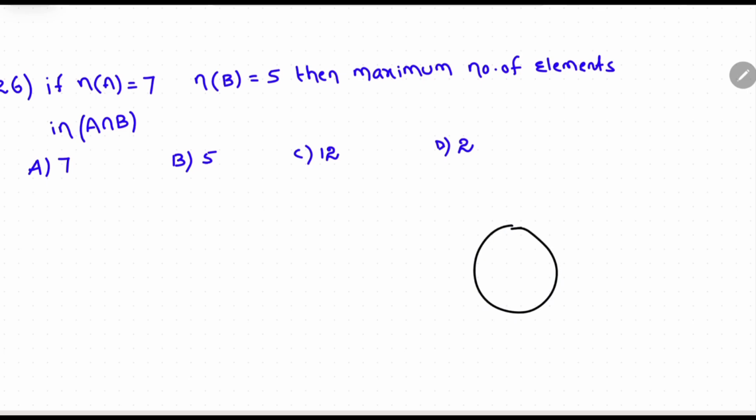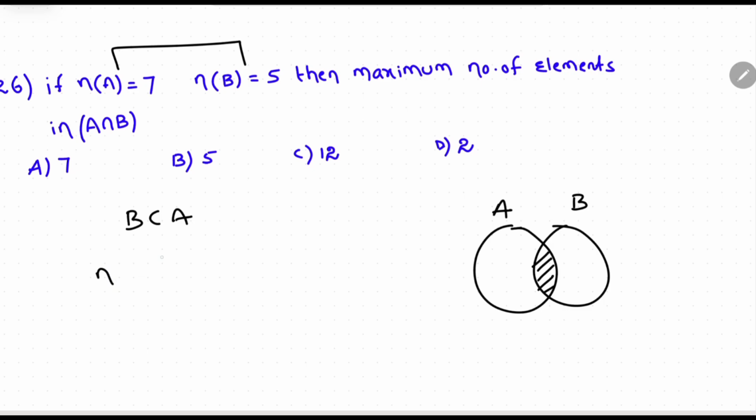We are drawing the Venn diagram. So it is the common portion now. So set A, set B. We have to find the highest number common to both. So if I take B as a subset of A, therefore all the elements which are in B are also in A. Therefore the number of elements, that is the maximum.